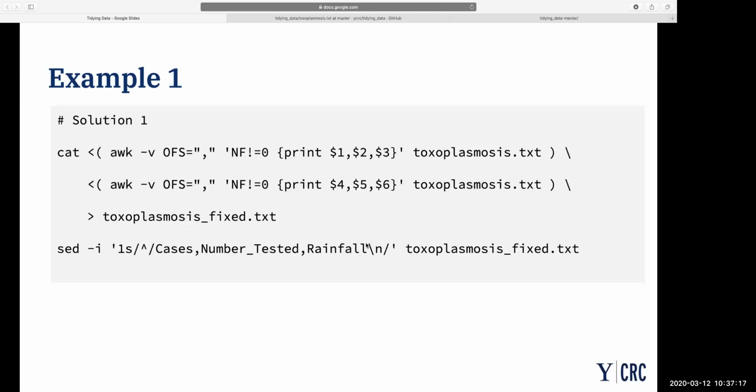With this -i option, I'm asking for it to happen in place. If you're on a Mac, you might have to specify a file extension for the backup file, so that might end up looking like sed -i and then a space and then .bak, for backup, oftentimes is what people put. But here I'm telling it I just want the new thing to overwrite the old thing. And so this same file now should have the right header.